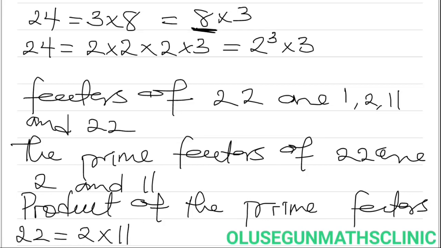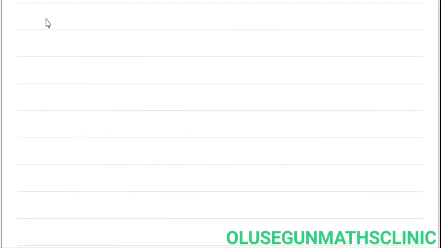These two numbers that are multiplying are prime factors of 22, which means they can only be divided by themselves and 1. So that's why we call them prime factors. So we are able to find the factors of 22, the prime factors of 22, and the product of prime factors of 22.